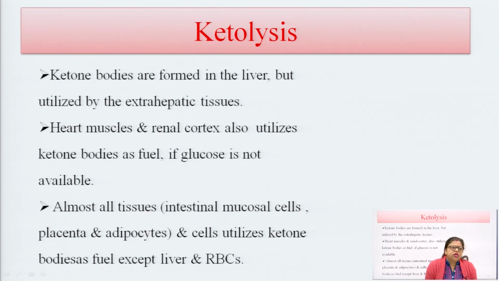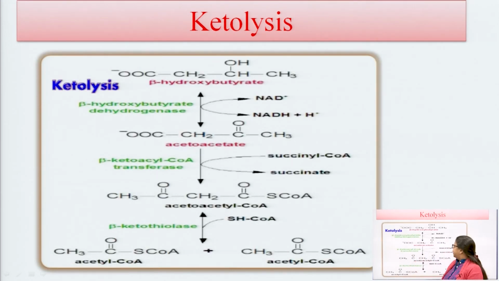When glucose is not available in our body, these ketone bodies are utilized for the formation of ATP, when the body requires energy. Almost all tissues like intestinal mucosal cells, placenta, adipocytes and other organs which require ATP for different biological functions use them. So, this is ketolysis.